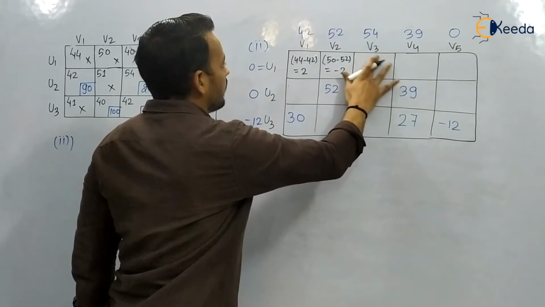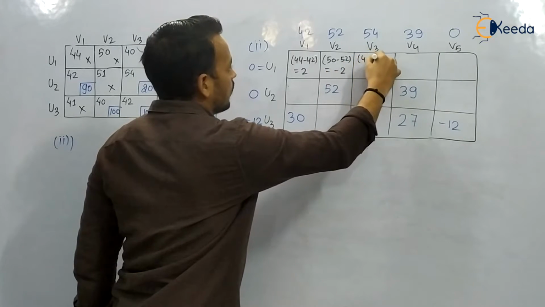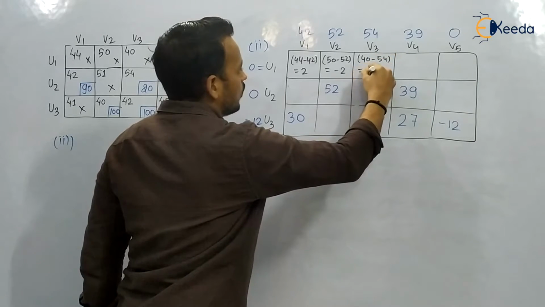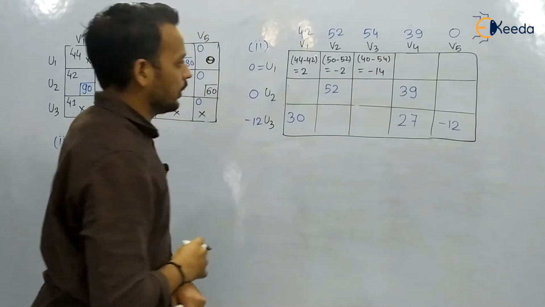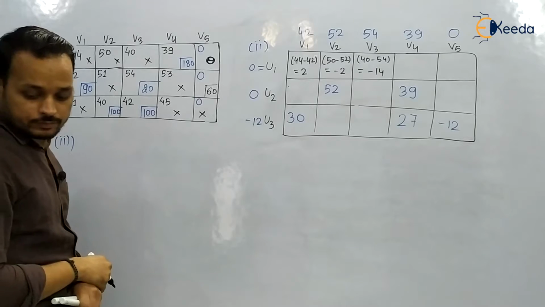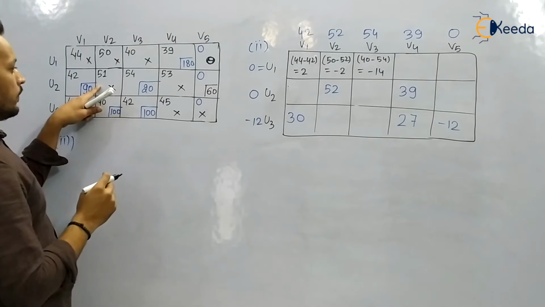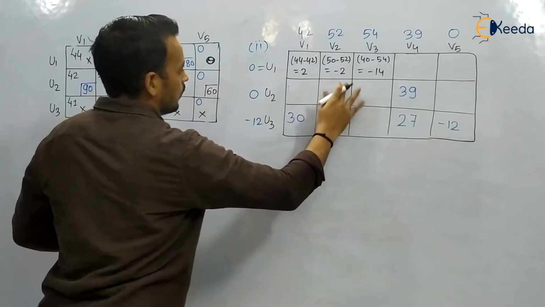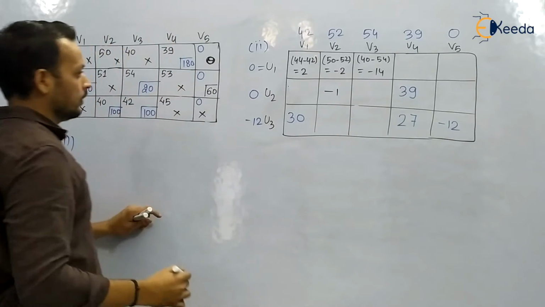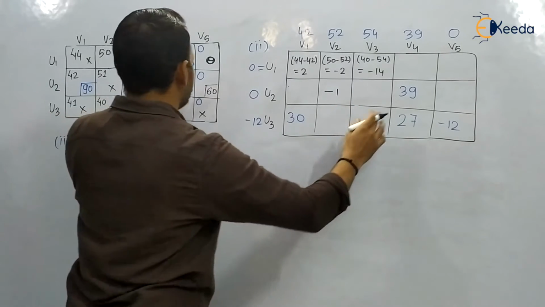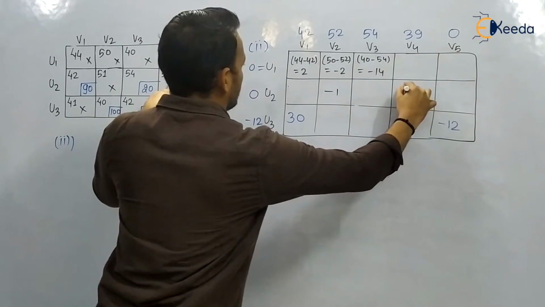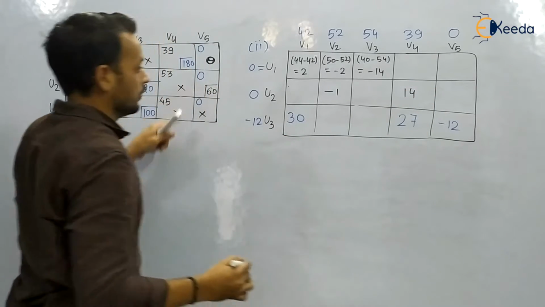Now 40 minus 54 is going to be minus 14. Here 51 minus 52 is going to be minus 1. 53 minus 39 is going to be 14.